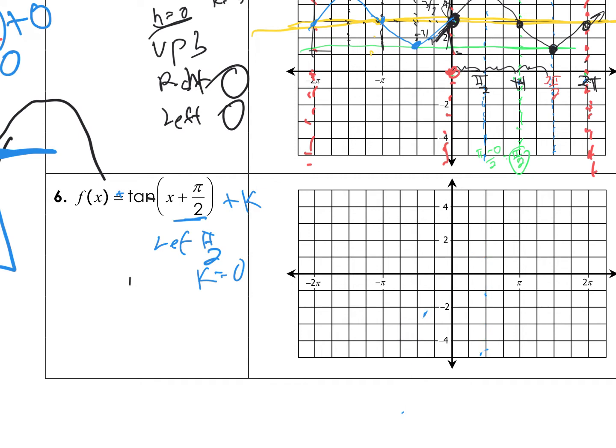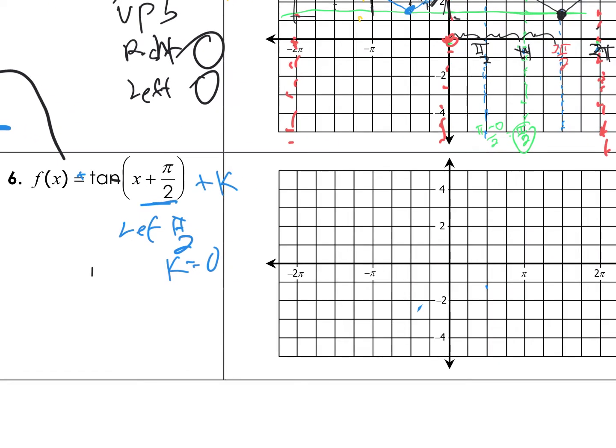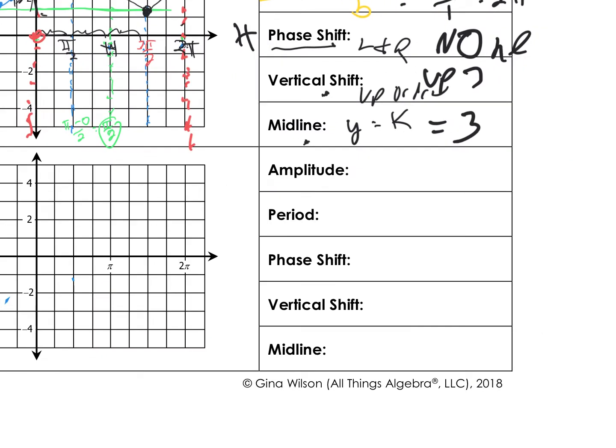The parent function had a period of, if you recall, the period, tau, was pi divided by b. And in this case, there's no number in front of the x. There's just a 1 out here. So let me write that out here. We know this one has a period of simply pi. The amplitude, there's none for tangent.